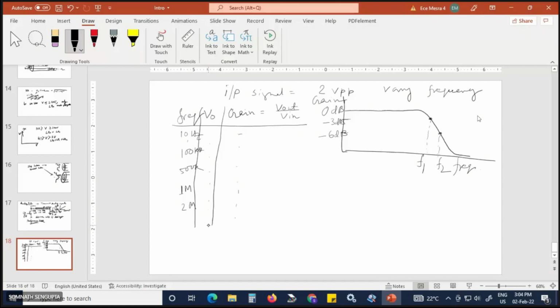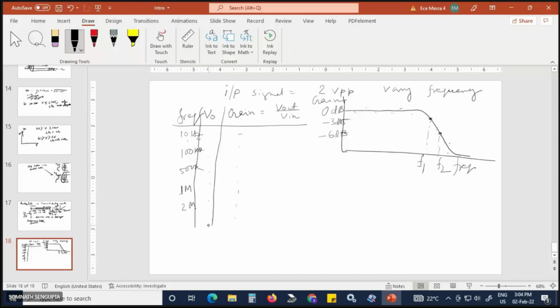You may get points arbitrarily, but they have some pattern of this low pass kind. You have to draw this way. Those points may not lie on one straight line, but they have some pattern that you have to follow and draw it. So generally this way any frequency response graph is drawn.